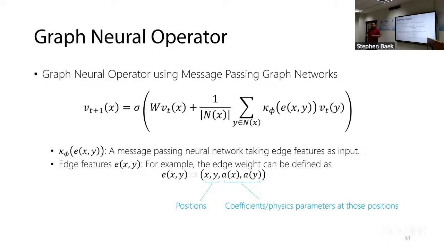So for any arbitrary graph discretization of your three-dimensional or physical domain, any arbitrary dimension, for any arbitrary graph representation, because of this message passing you can produce the output on the graph nodes.